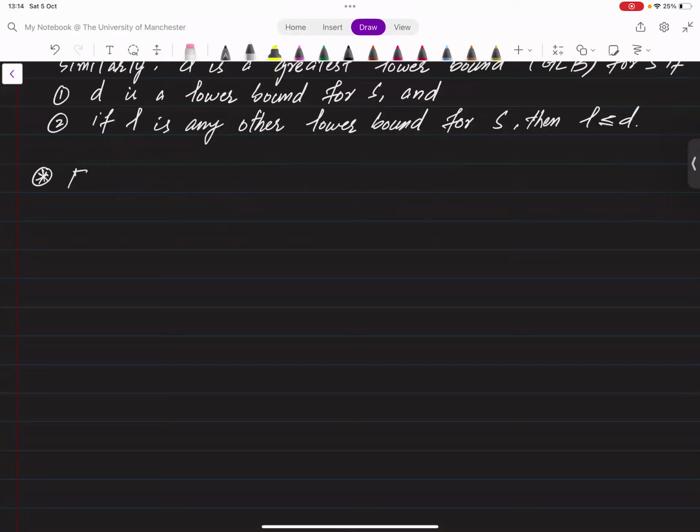So the example would be that S is a set which has elements 1 over n such that n is from the natural numbers.